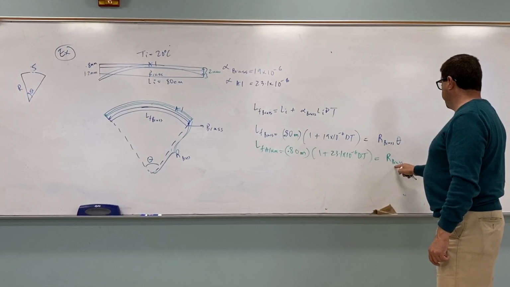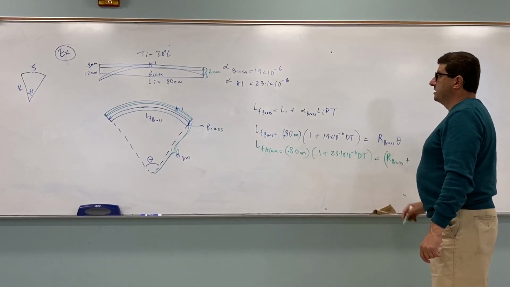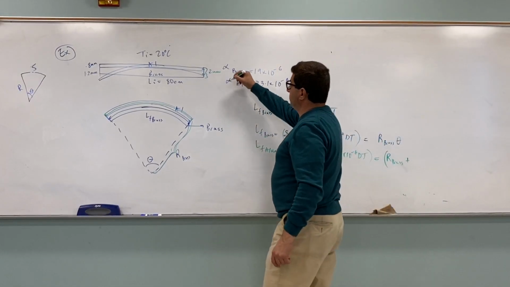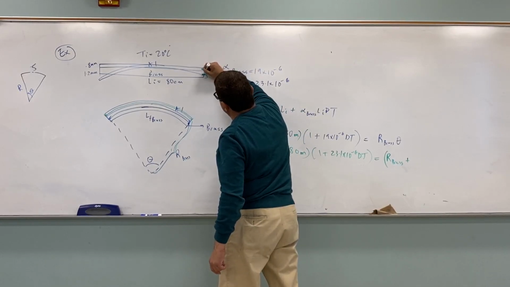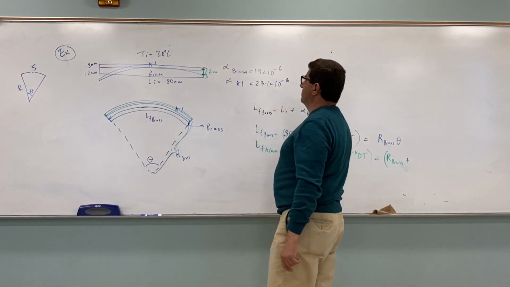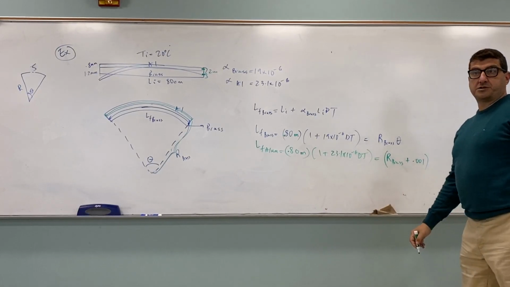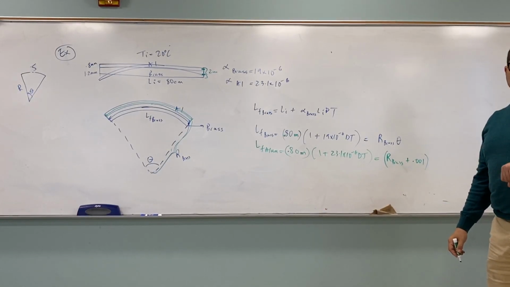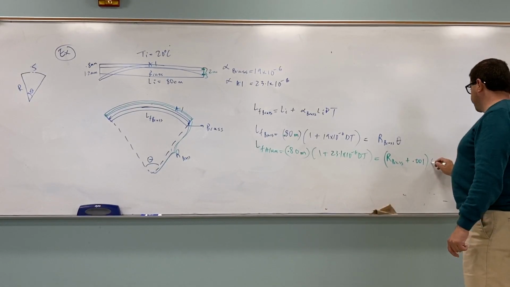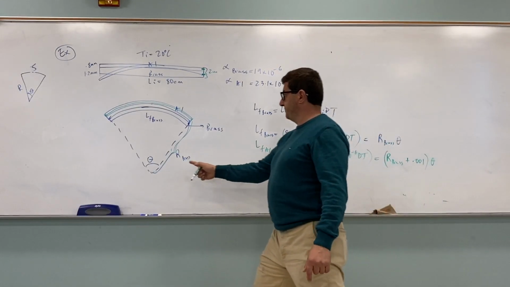And then this one will be R brass plus 1 millimeter, we said, right? From here to here. So half of this and then half of that. So that'll be 0.001 meter. 1 millimeter changed to meter. Times theta is the same angle, right?